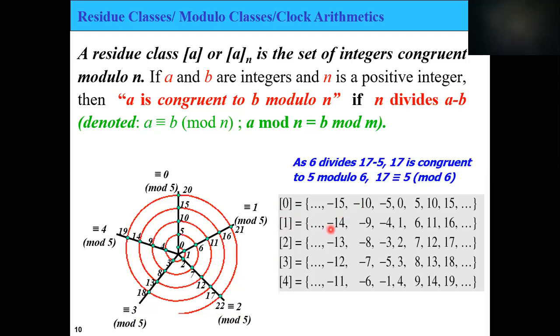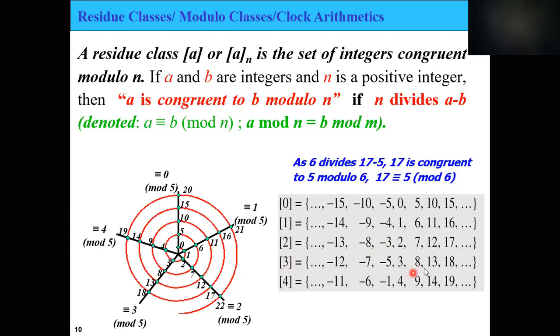The 1 class means all those elements of the set of integers which, if you divide by 5, have remainder 1. The 2 class is all those numbers which, divided by 5, have remainder 2. The 3 class, modulo class 3 in modulo 5.